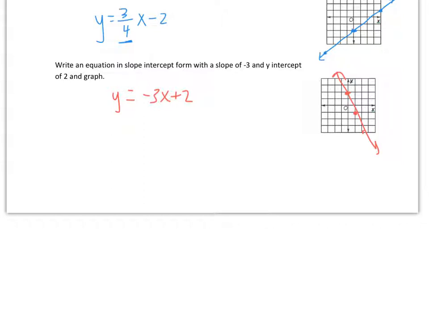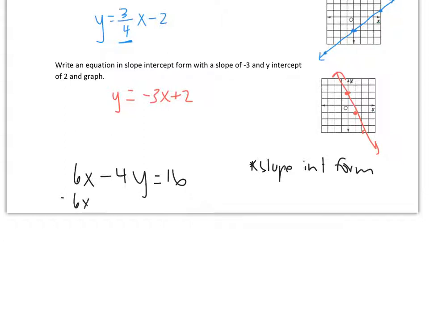Now I'm going to add another item to the notes. If we were told to graph 6x minus 4y equals 16, we would want to first put this equation into slope-intercept form, which perhaps would be then easier to graph.